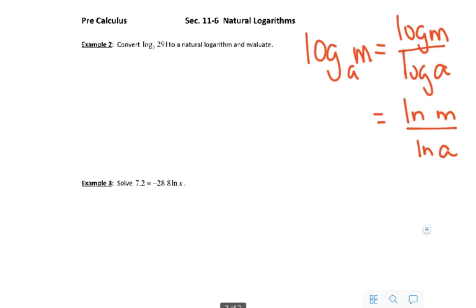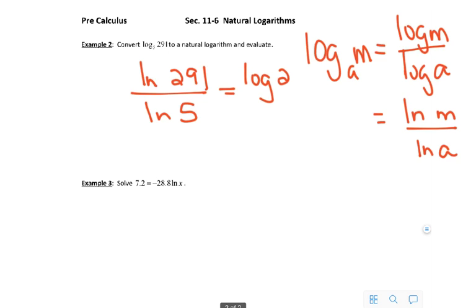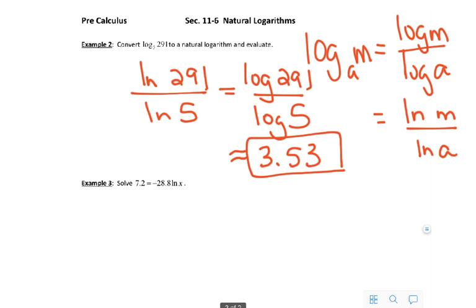As long as the base of the numerator and denominator are the same, you're going to be able to plug this in your calculator. So in this particular problem, I could do the natural log of 291 divided by the natural log of 5. And I'm going to end up with the same answer as if I were to do the log of 291 divided by the log of 5. Either formula is going to give me approximately 3.53.